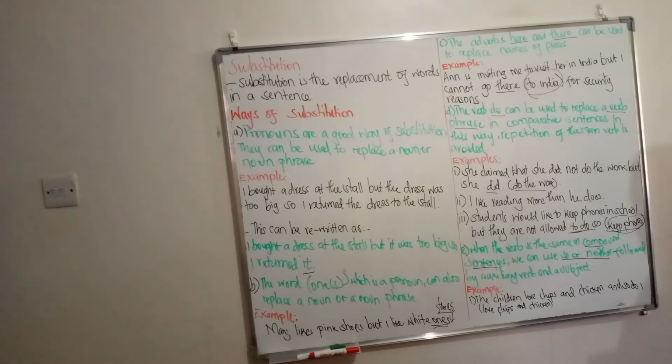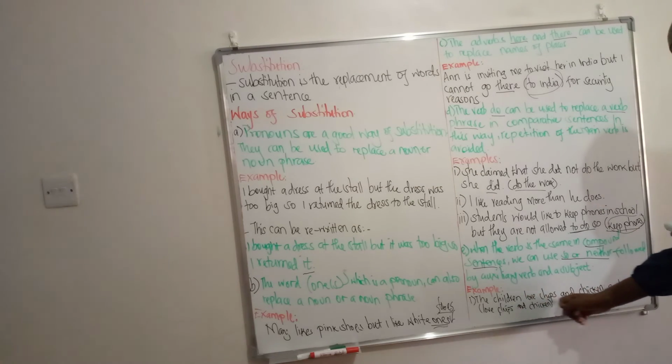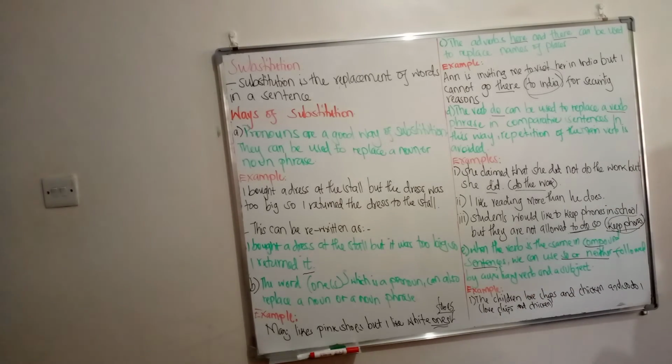You will notice that in this compound sentence, there will be repetition of I love chips and chicken from the children love chips and chicken. And so to avoid this, we use so do I to replace this sentence.